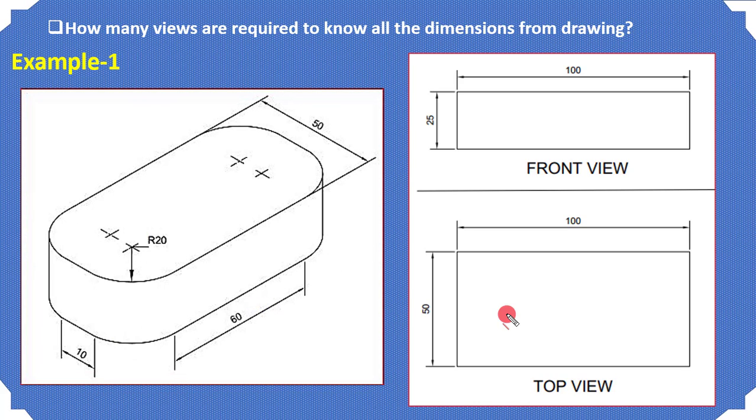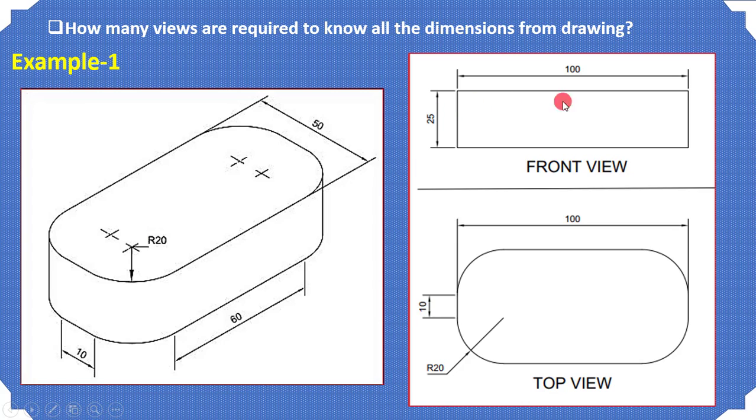If you have this object, then definitely in the front view you are going to see a rectangle of size 25 by 100, that is, from this side you will see the rectangle which is here.